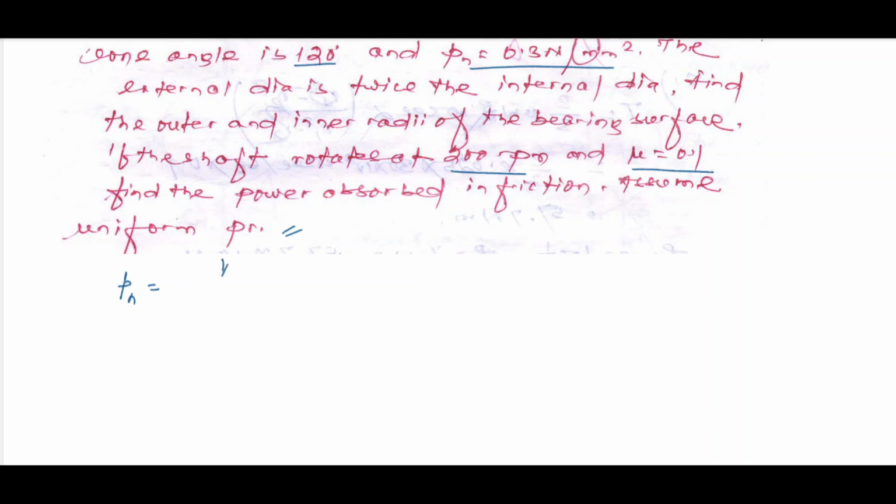So load is the load acting on the shaft, that is W, and area will be pi into R1 square minus R2 square, or we can say it is W divided by pi into 2R2 whole square minus R2 square, as per the problem statement.